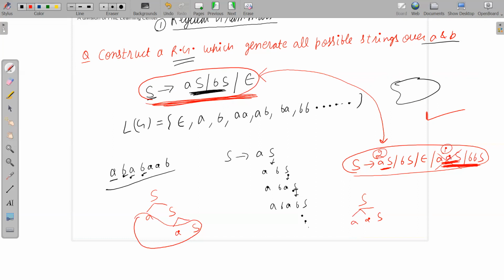So I have said that AAS is not putting in more strings, or you can say AAS is not generating some extra strings. Similarly, you can check for BBS also. So I have written 2 production rules with this grammar, and these 2 are equivalent. Similarly, you can write anything. If I write S implies AS, BS, or null, or A or B, this is also equivalent to this.